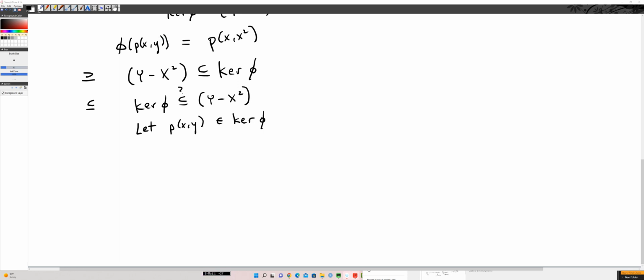So here's a generic element of A, the ring of polynomials over K in two variables x and y, and I'm assuming that it's in the kernel. For this, I use a trick. I can think of polynomials in two variables x and y as polynomials in one variable y with coefficients in the ring of polynomials in one variable x.